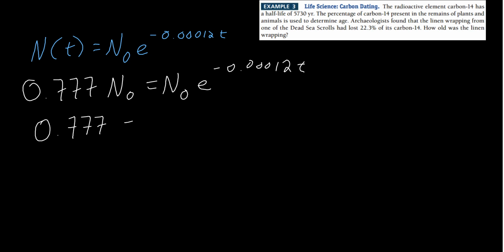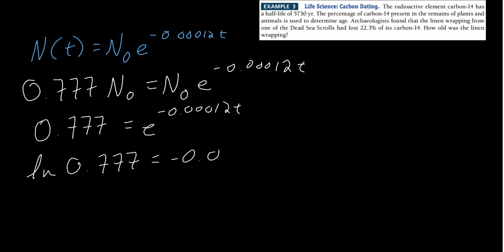Since the N naught's canceled, I end up with 0.777 equal to e to the negative 0.00012t. Then it's one of those problems where we just take the natural log of both sides. So we take the natural log of 0.777, which is equal to negative 0.00012t.